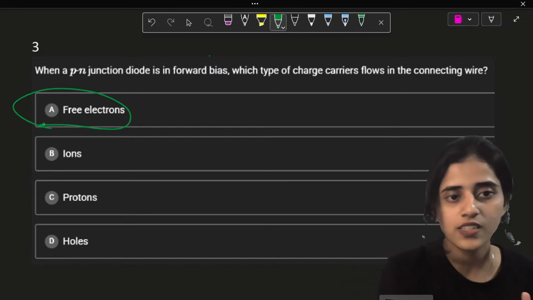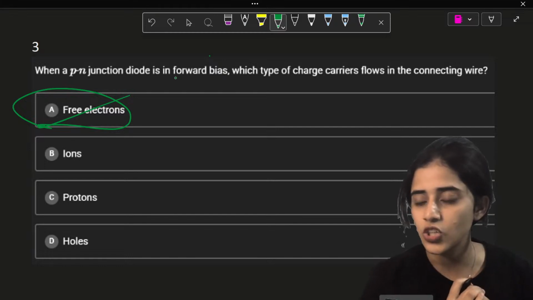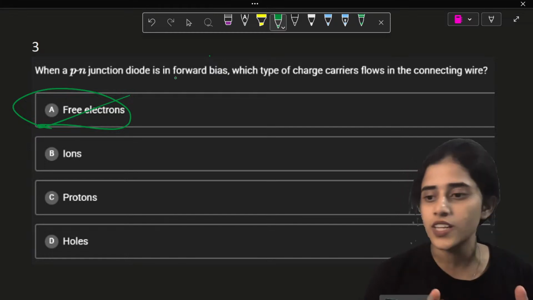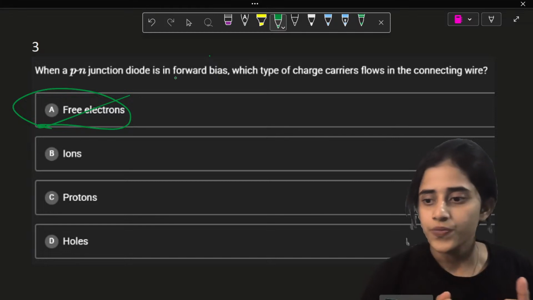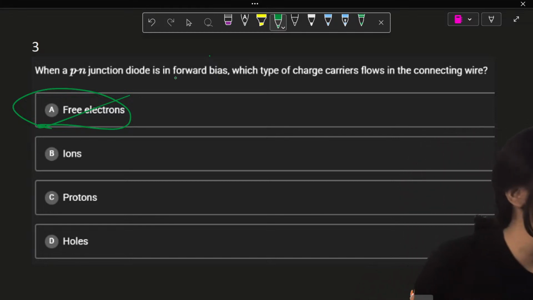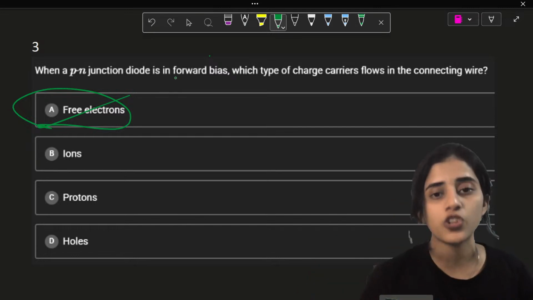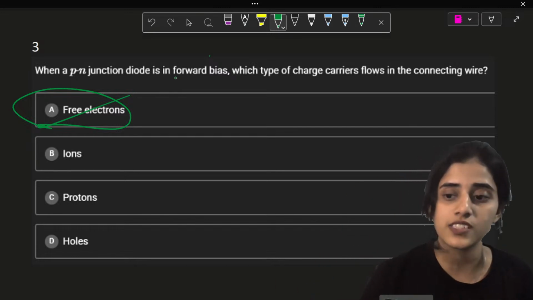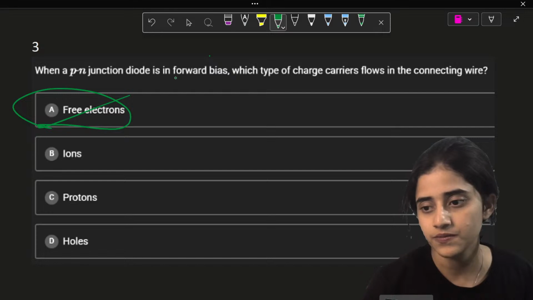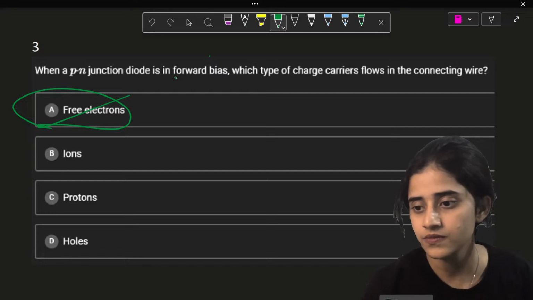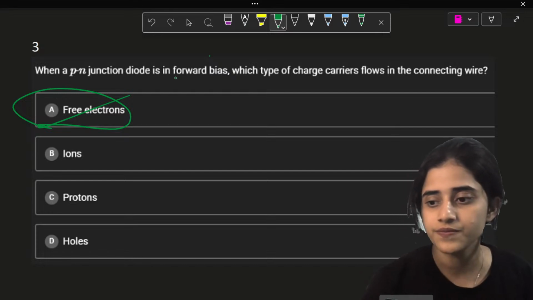Free electrons, option A. All those who got option A right, let me know in the chats. Okay, students, so in a connecting wire, free electrons flow. That's how electricity is formed.